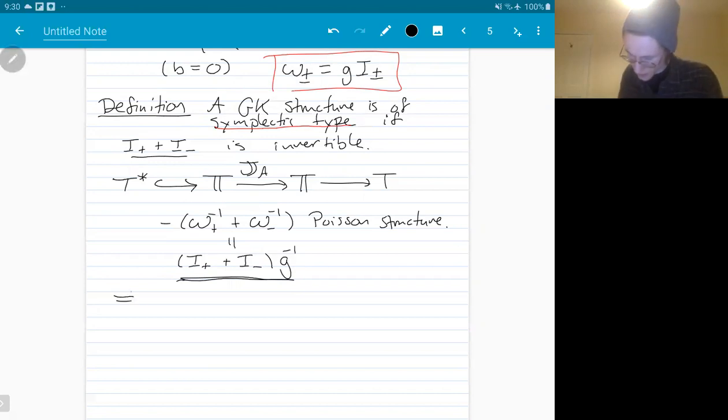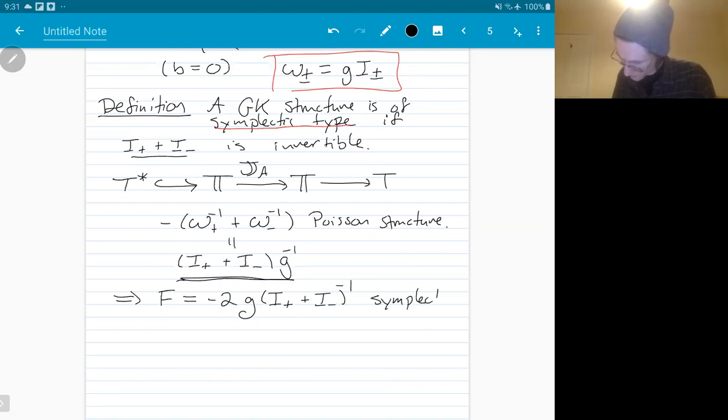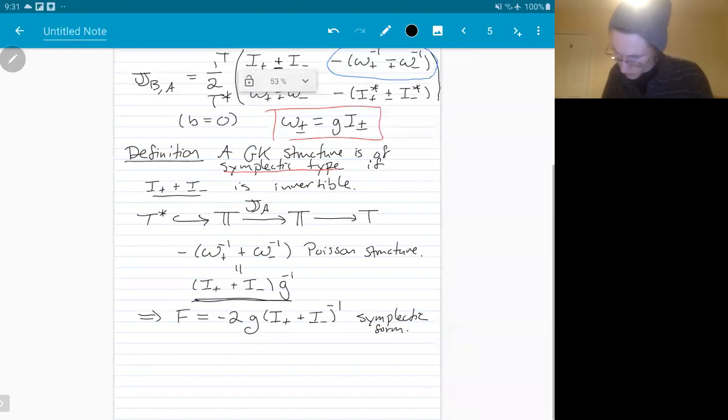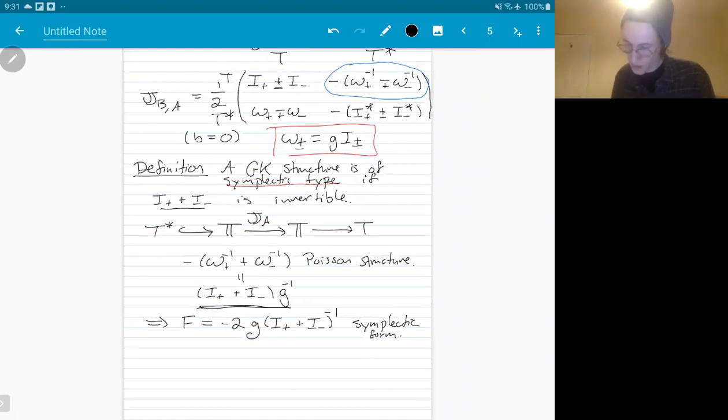So what that means is that we get a symplectic form, because an invertible Poisson structure gives rise to a symplectic form. So we get a symplectic form, which is the following. This is symplectic. And furthermore, because the Poisson structure of the GC structure JA is actually symplectic, that means that up to a gauge transformation, JA is just equal to the GC structure of a symplectic form.